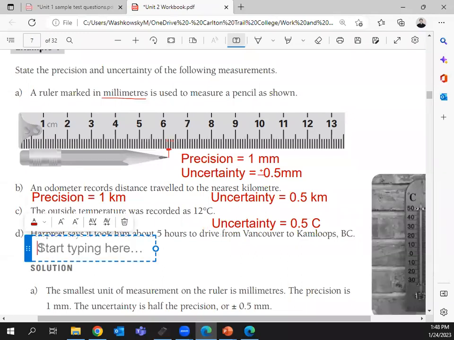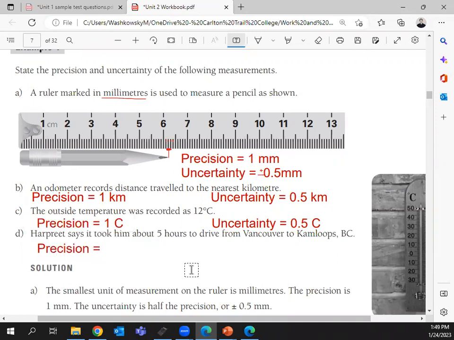Annika, for question D, what would be my precision there? So what unit of measurement am I using? Hours. So what's our unit of measurement there, Annika, for question D?